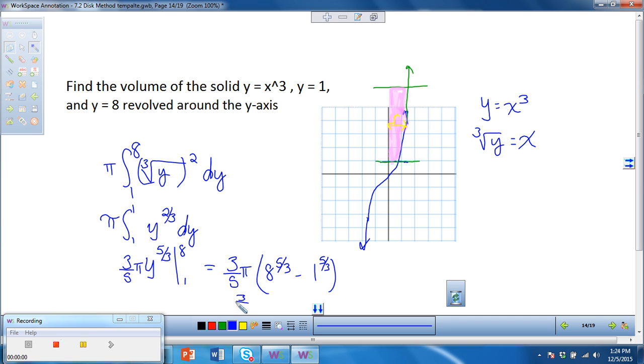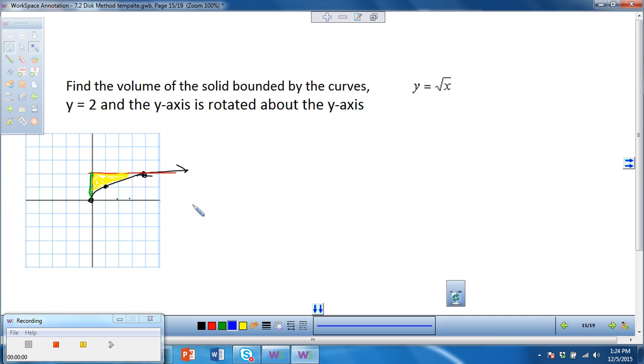So this is 3/5 pi times 32 minus 1, which is 3/5 pi times 31. Whatever that is. What is that? 93/5 pi. Okay? And you can use your calculator for a lot of this.